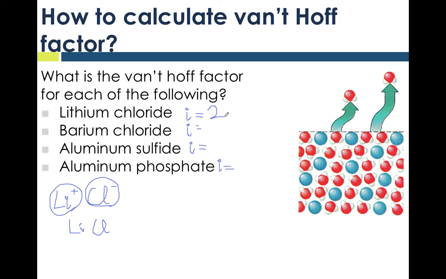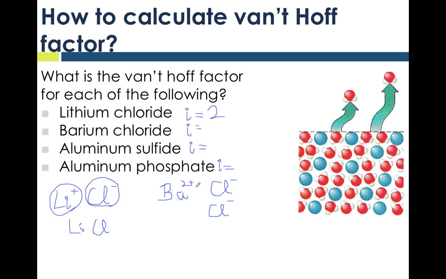Let's look at barium chloride. For barium, I know that my charge, because it's in group 2, is going to be 2 plus. Instead of 1 plus, now barium is going to be 2 plus, which means it has a positive 2 charge. But when I think about chloride, chloride is still in group 7, which means chloride still has a negative 1 charge. Let's look and see if our charges cancel out. They don't, because I have plus 2 and I have negative 1, which must mean I need another chloride ion to make this work.